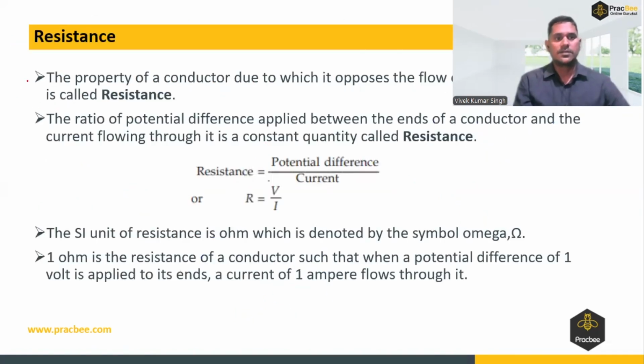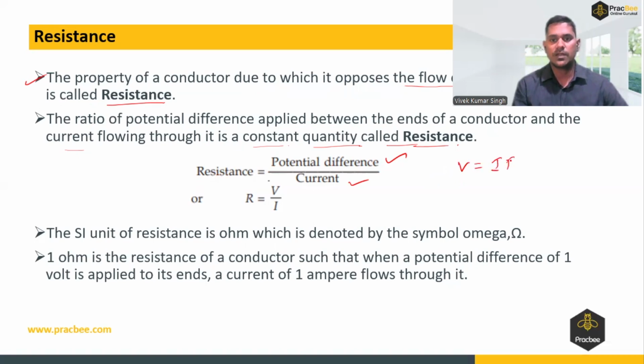Now let's see this resistance. The property of a conductor due to which it opposes the flow of current through it is called resistance. The ratio of potential difference applied between the ends of a conductor and the current flowing through it is a constant quantity called resistance. So resistance is equal to potential difference over current. It is derived from Ohm's law only.